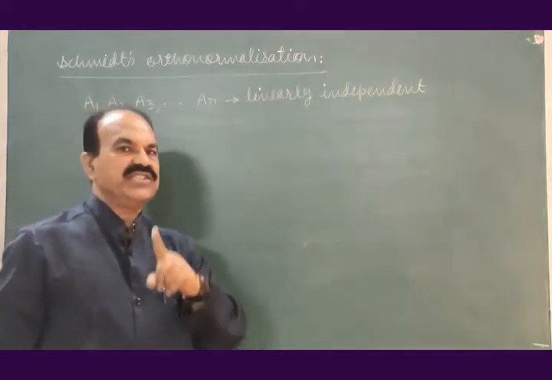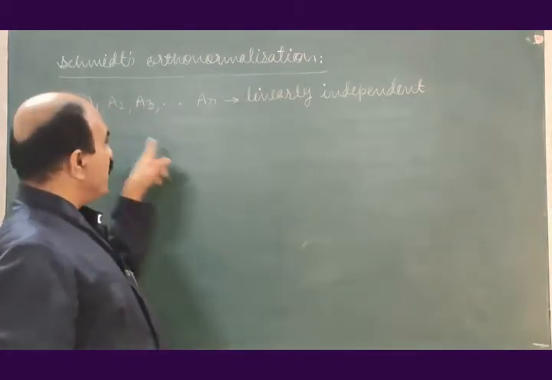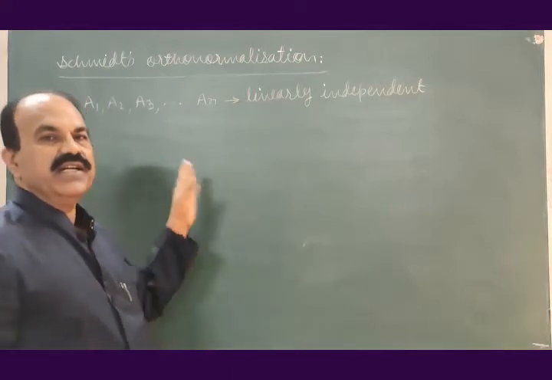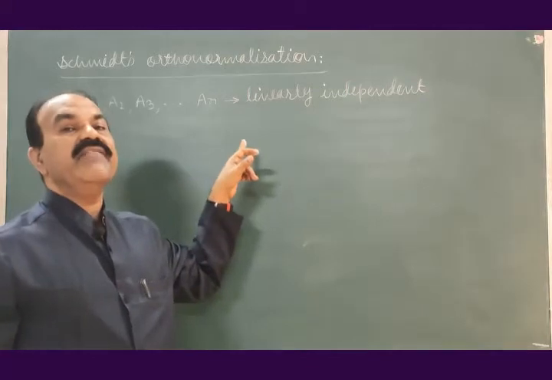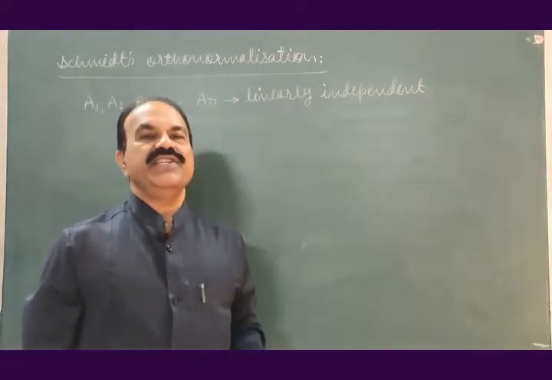We have considered n-dimensional space. In this n-dimensional space, we have n number of vectors A1, A2, A3, so on up to An. All these n vectors are linearly independent of each other.